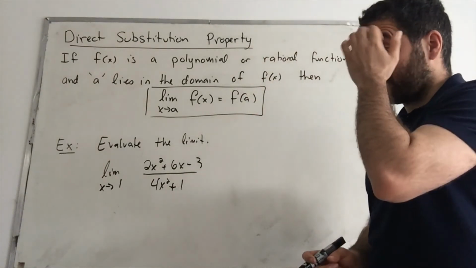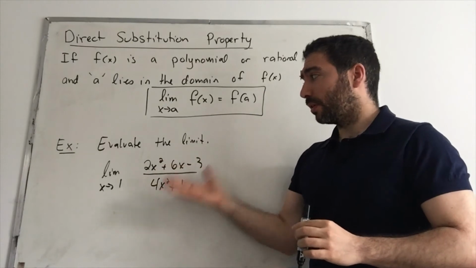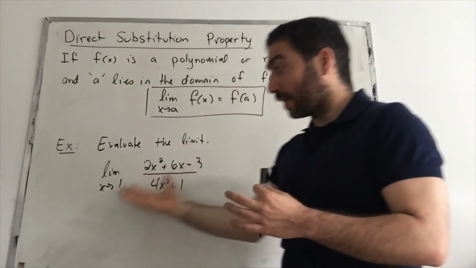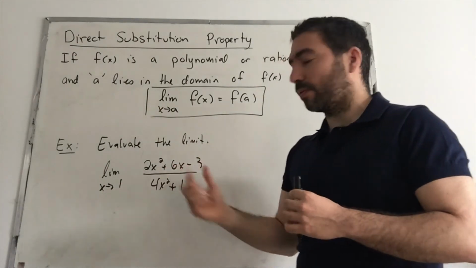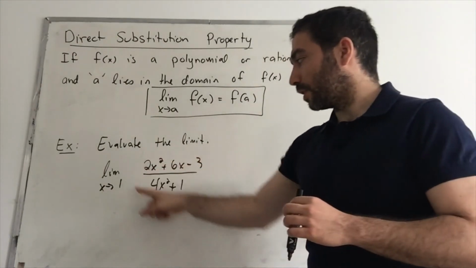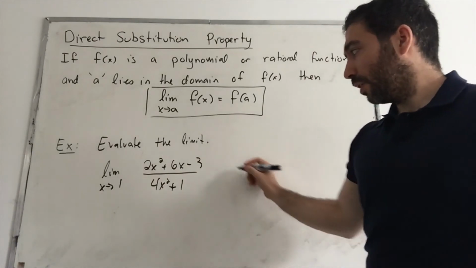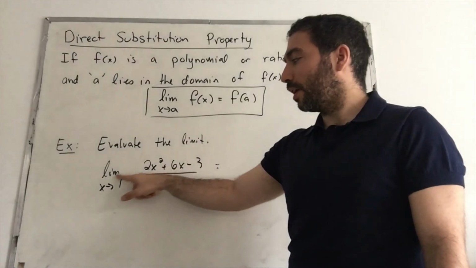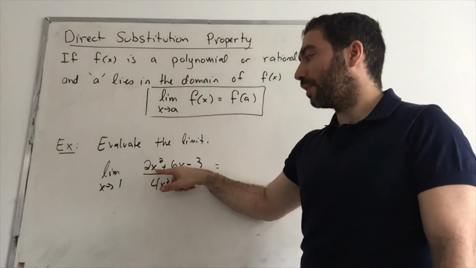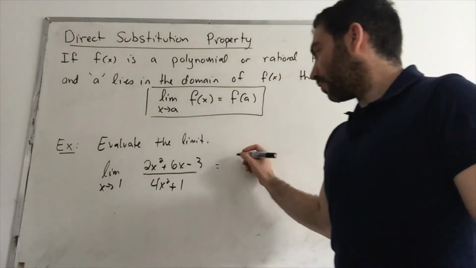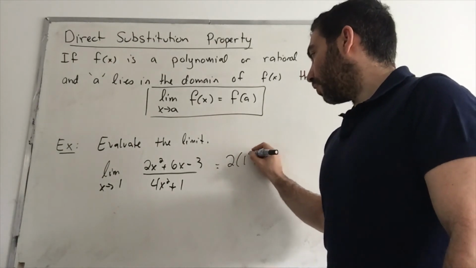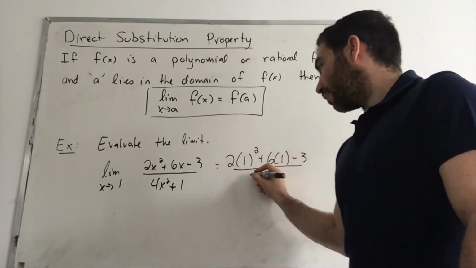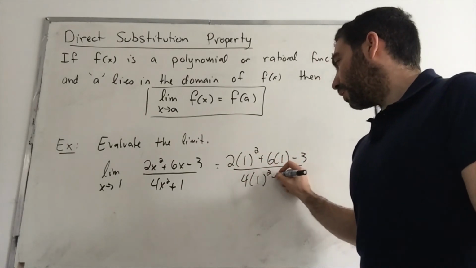Okay, so we don't have to apply the quotient rule. The direct substitution property allows us to just directly substitute our x into our function here. This is our rational function. So we're replacing all the x values with 1. This is equal to 2 times 1 squared plus 6 times 1 minus 3 over 4 times 1 squared plus 1.